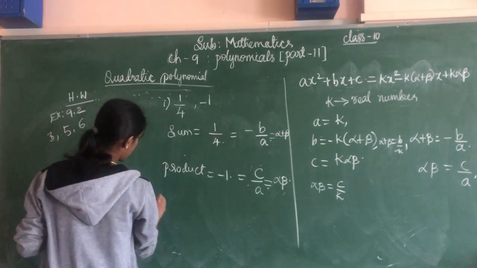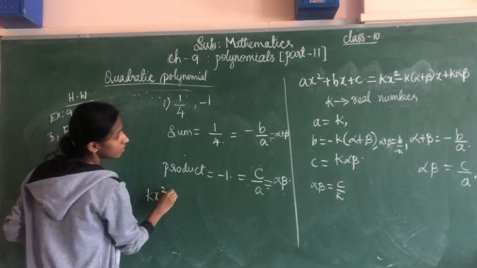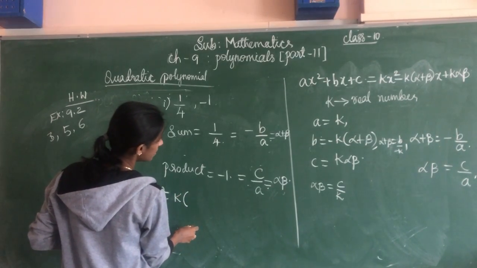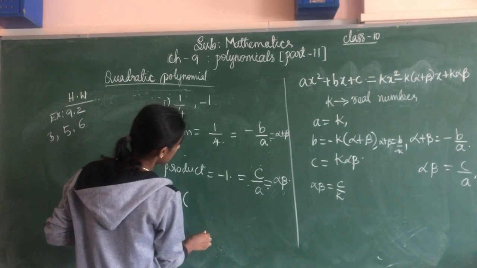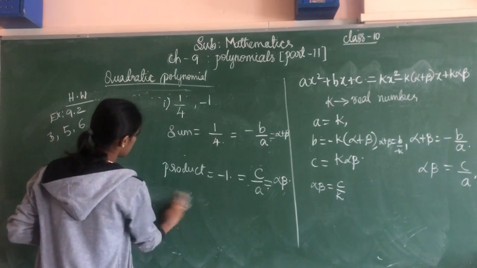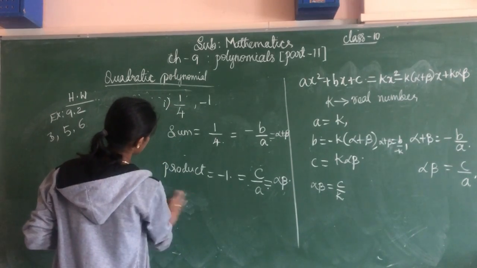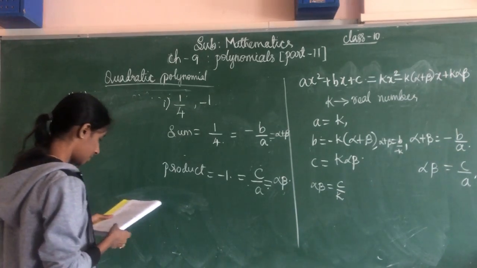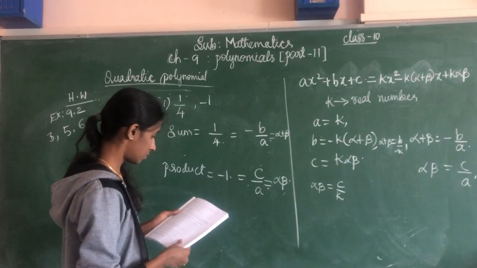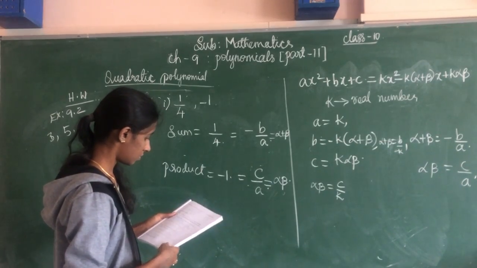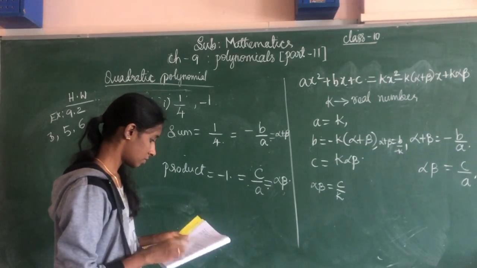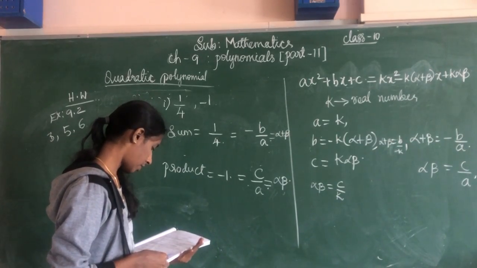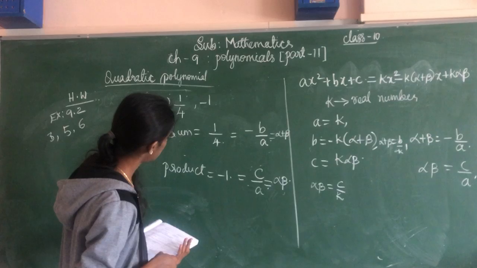So if I substitute there, kx square minus k into alpha plus beta is constant term divided by coefficient of square term.